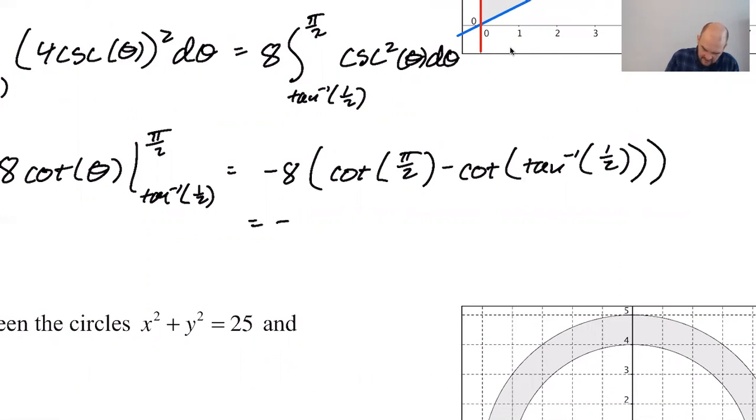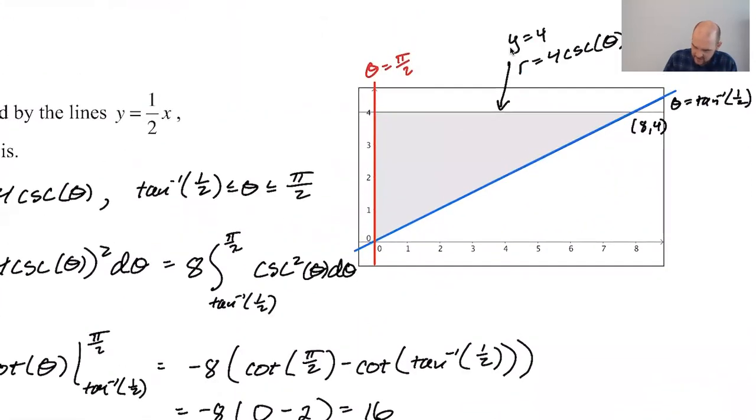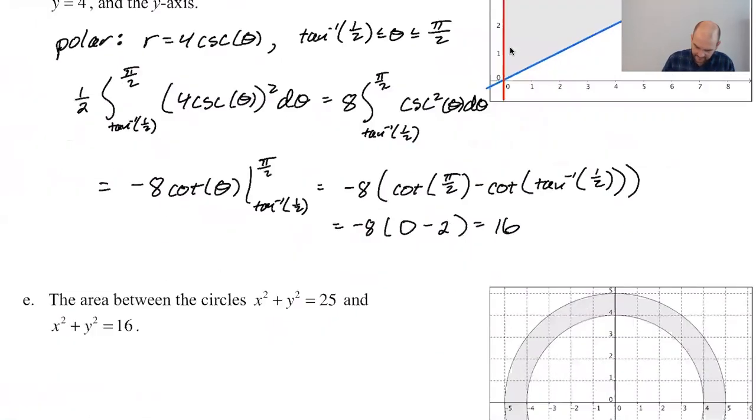So that's negative 8 times (0 minus 2), which is 16. This is a triangle that has a base of 8 and a height of 4, so 32 divided by 2 is 16. So we got it. Nice.